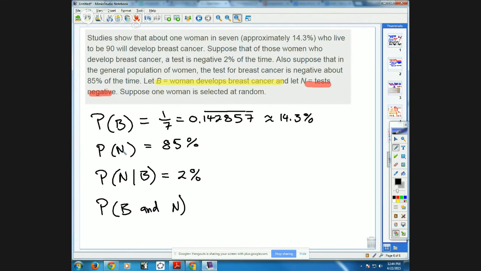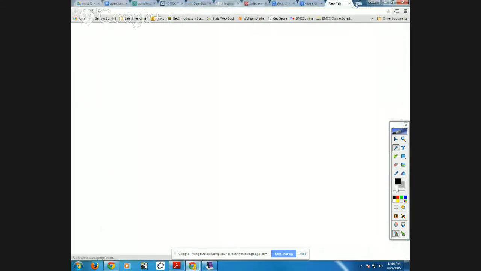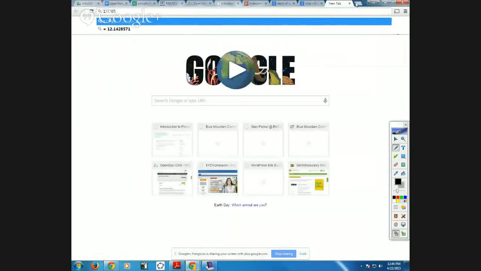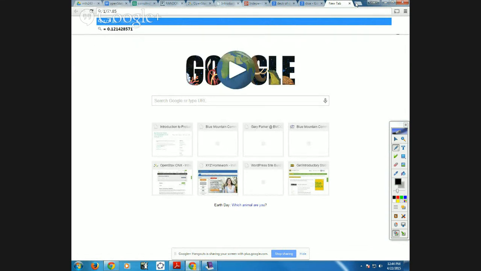But I don't know that. So we could double check it. If we multiplied 1/7 by 0.85, we get about 12%.